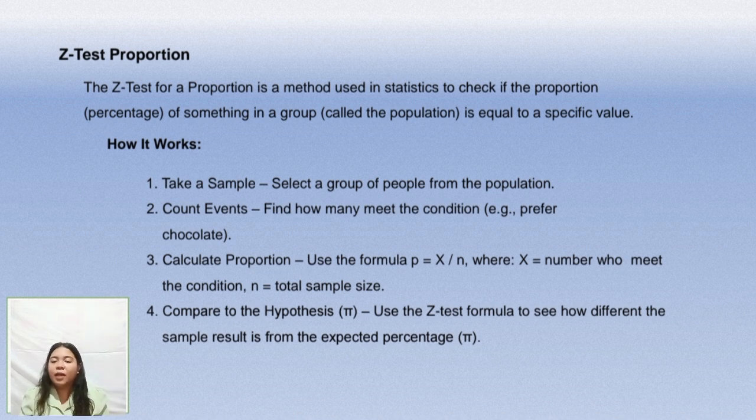Third, you calculate the sample proportion, where P is equal to X over N, where X is the number of people in the sample who meet the condition, and N is the total number of people in the sample. The fourth and last step is to use the z-test formula to compare the sample proportion P to the hypothesized proportion.